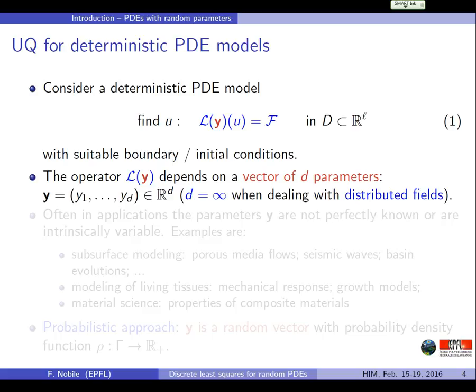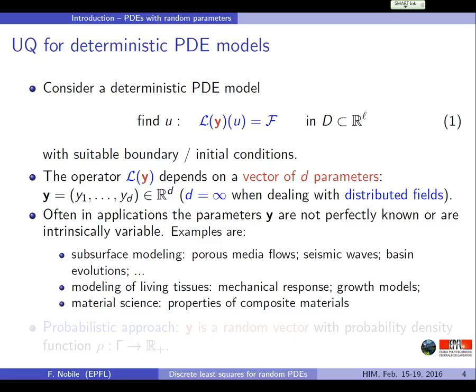So to recast in this framework, one could always take this random field, expand it on a basis, and then describe it in terms of a countable sequence of random variables. Okay, so in this setting, the dimensionality of this parameter vector, which I call D, could be very large if you have many parameters, and could even be infinite if you are dealing with these random field objects.